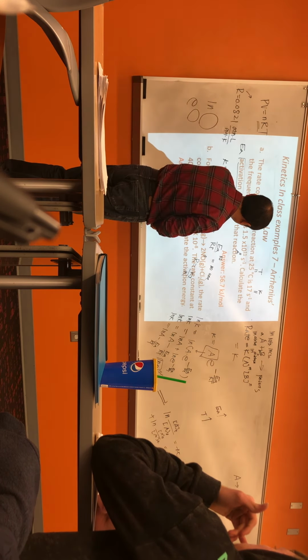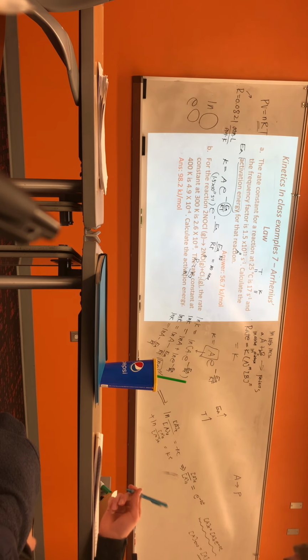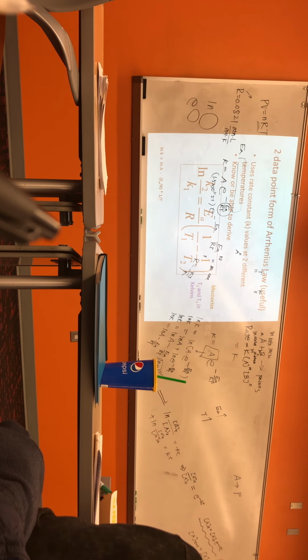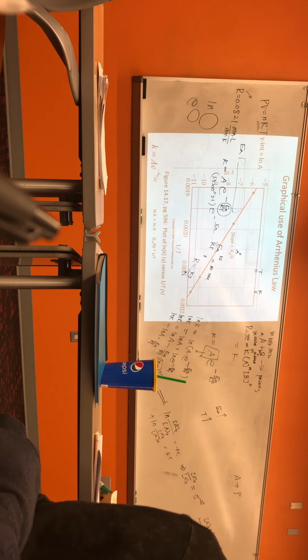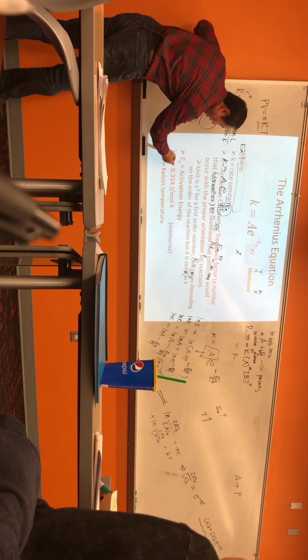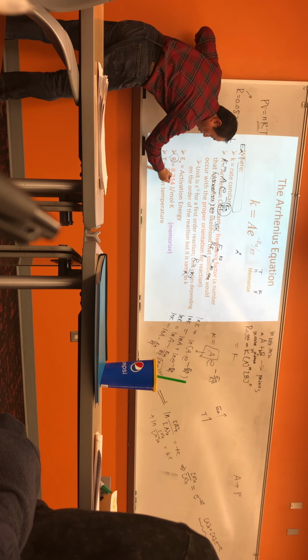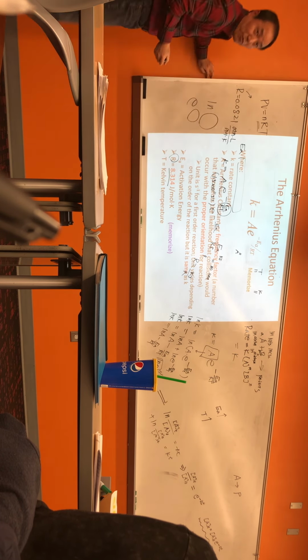Let me see. Oh, yeah, right there. So the gas constant is 8.314. You have to memorize it for Chem 2.